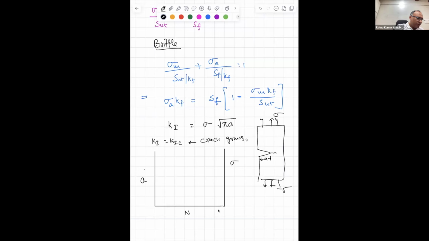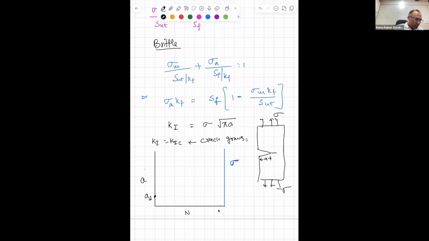Now, let us say my initial crack is that. That is what I call the detectable crack length, aD.